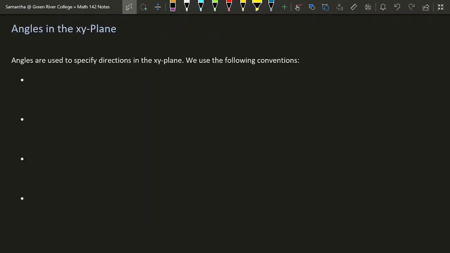Now, angles can be used to specify directions specifically in the XY plane. And when we use angles to specify directions in the XY plane, we do it in the following way. First of all, you, the observer, should position yourself at the origin, the location where the X and Y axes intersect.